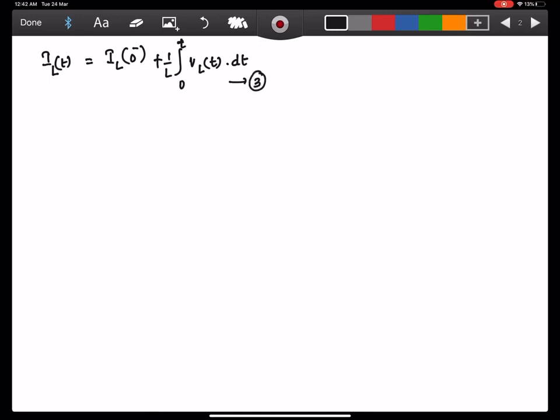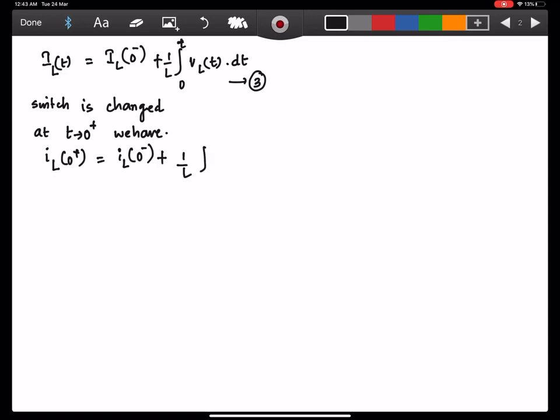If the switch is changed, then the value of the inductor current at t equal to 0 plus, suppose at this point your switch is changed, so we can say at t equal to 0 plus we have IL 0 plus is equal to IL 0 minus plus 1 by L integral from 0 to 0 plus of VL(t) dt.